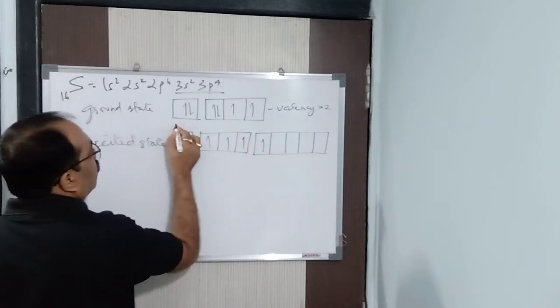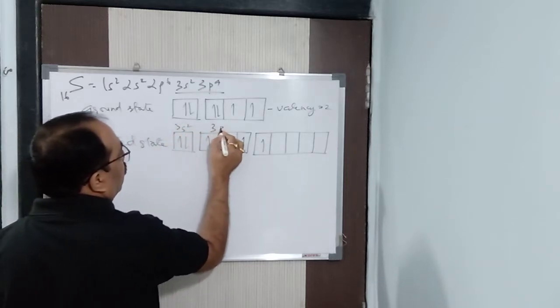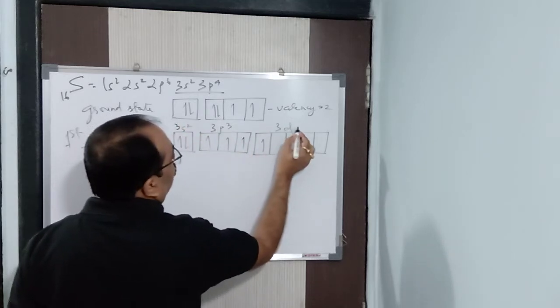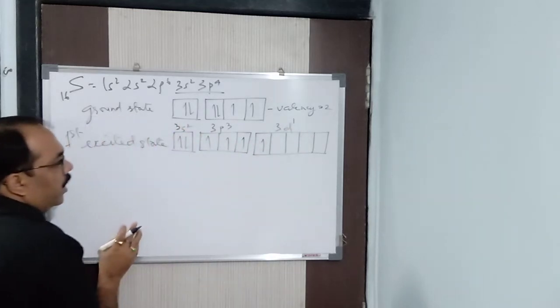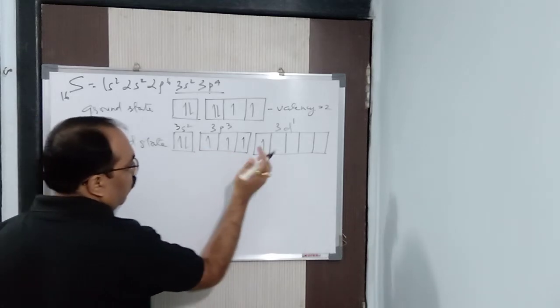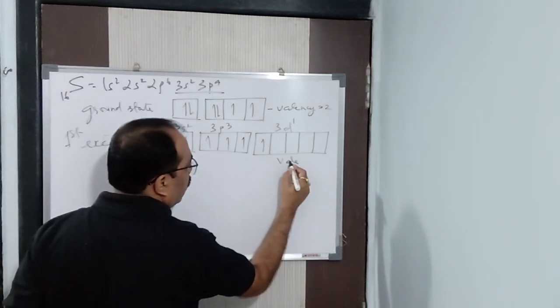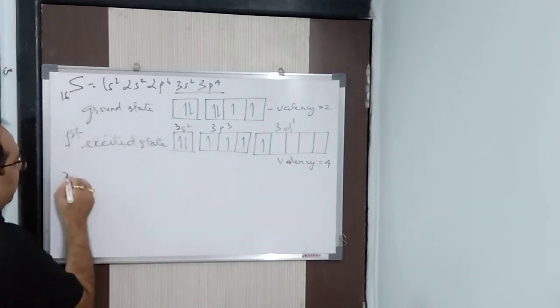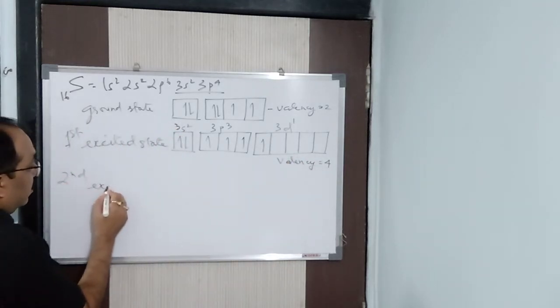So it will be 3s2, 3p3 and 3d1. So how many unpaired electrons are there? 1, 2, 3, 4. So its valency is equal to 4.